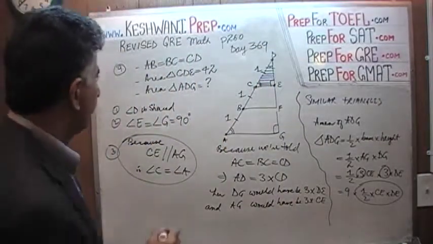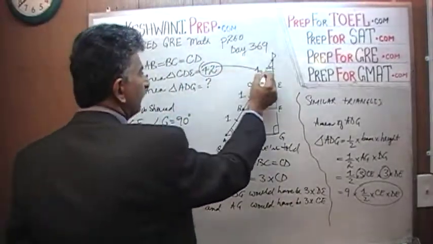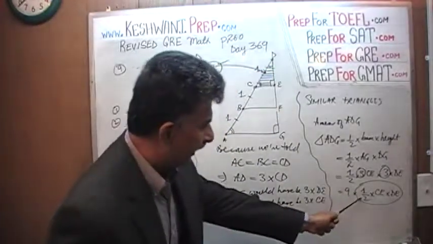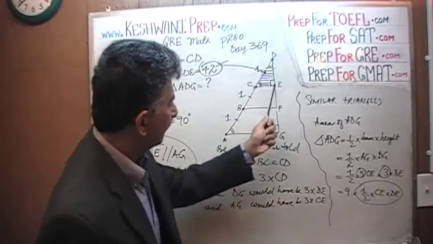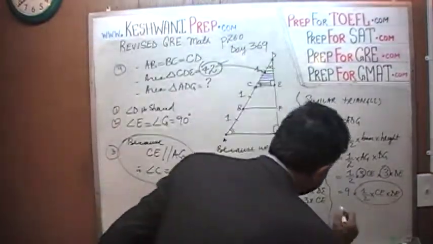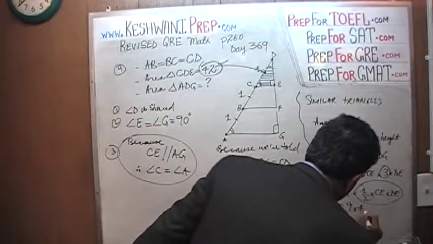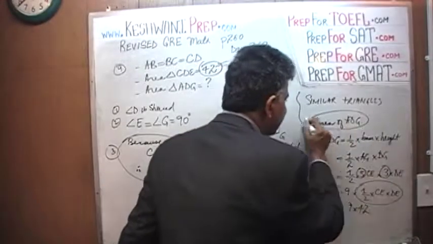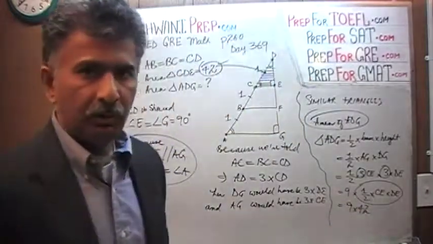The area of that triangle we are told is 42. That's what we're going to put in here. So it's 9 times 42. That's it, we are done. That's our answer. The area of the triangle ADG is 9 times 42, whatever that happens to be.